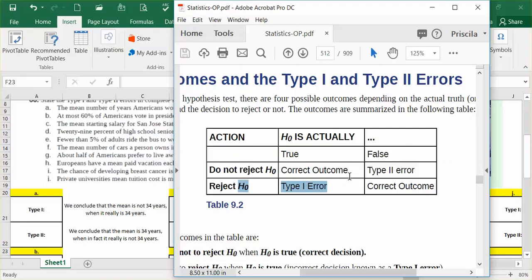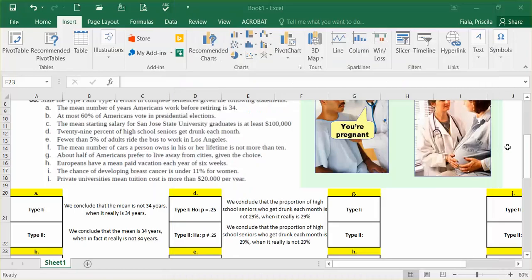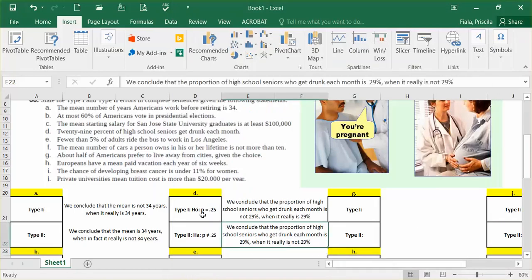So to make a type 2 error, the null hypothesis is false, but you're going to accept it. Do not reject, fail to reject. So right here, you're saying that we conclude that the proportion of high school seniors who get drunk each month is 29%.